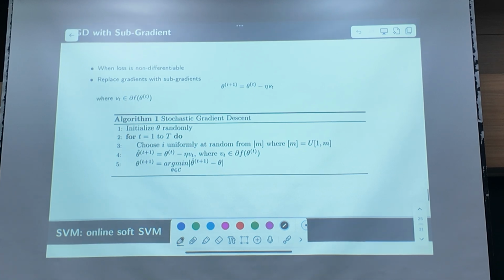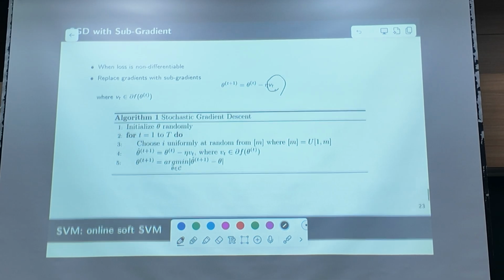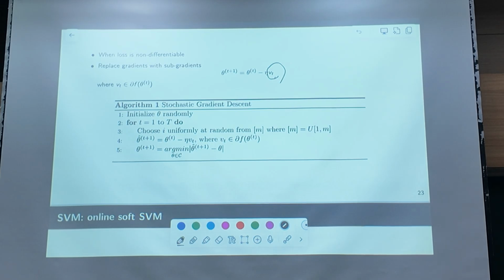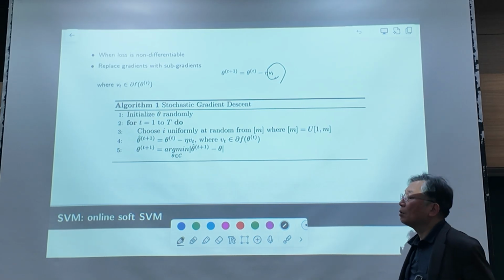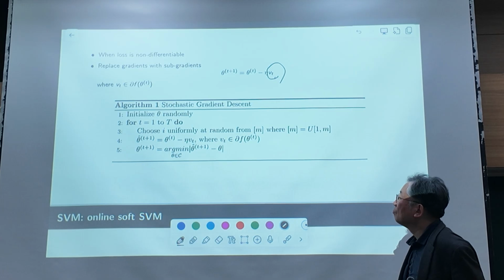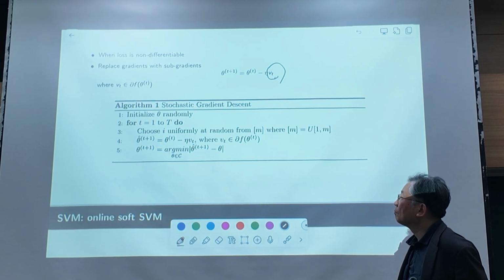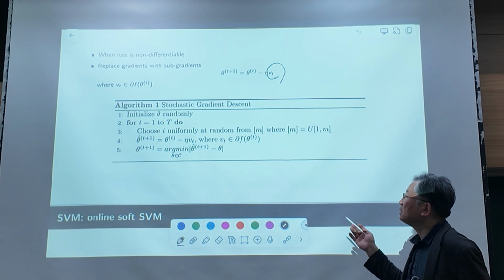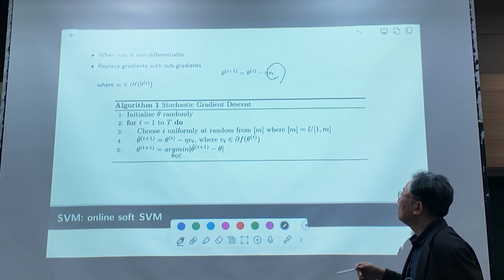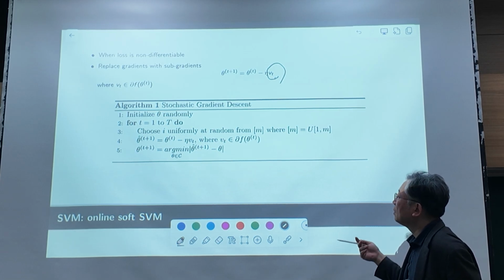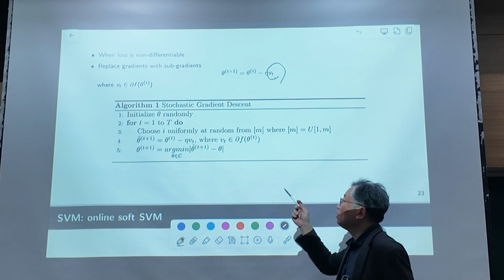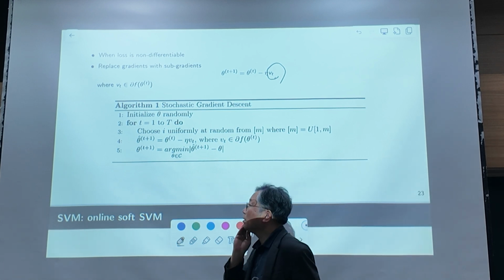Okay, so the subgradient will be denoted as V. And so the full algorithm, stochastic gradient descent, would look like this. You set theta to be some random value.